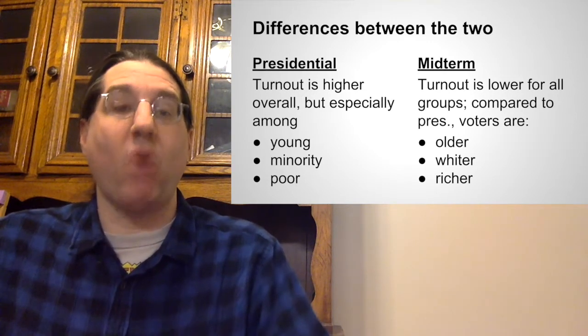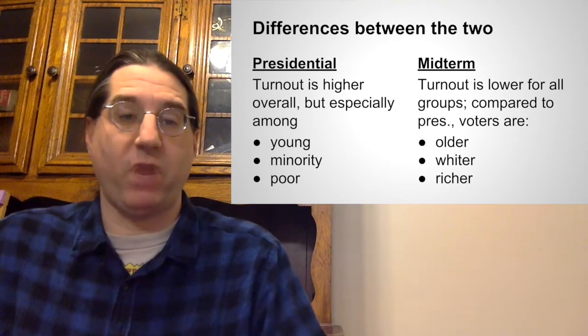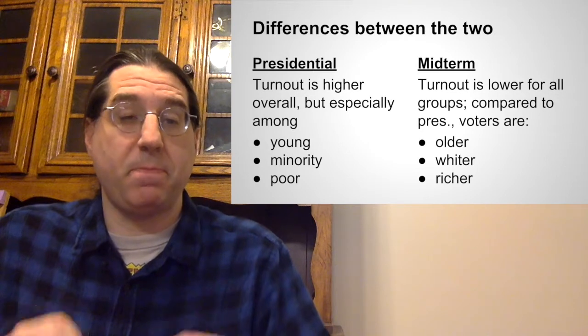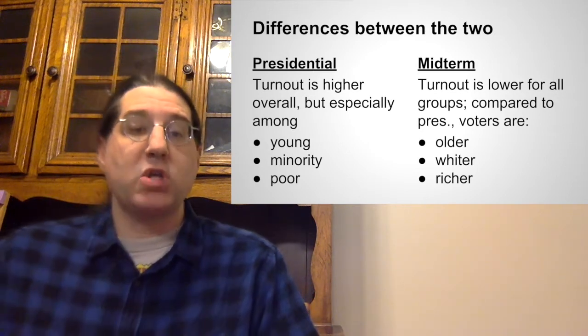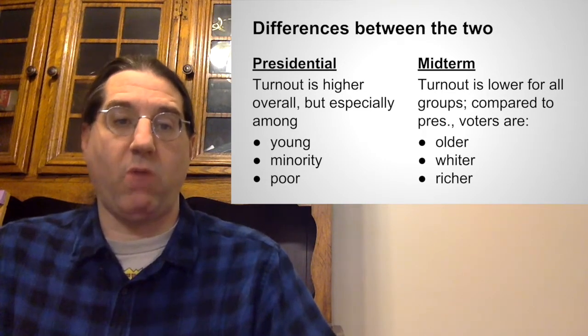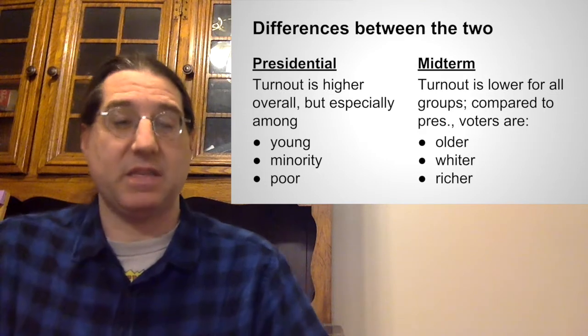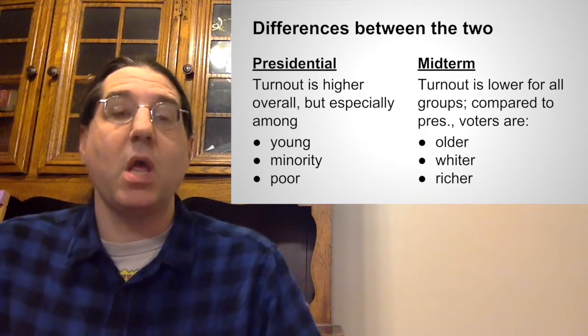Besides just the fact that the overall numbers are different, certain groups of the population have different habits. Some groups pay more attention to midterms than others. So the type of people that show up for the midterm elections don't look exactly the same as the type of people that show up for presidential elections.